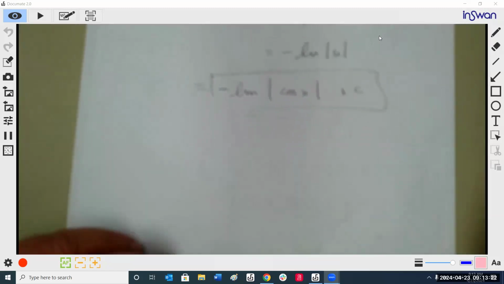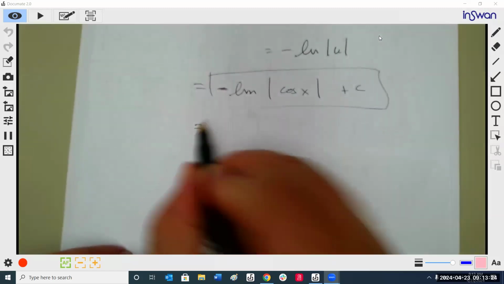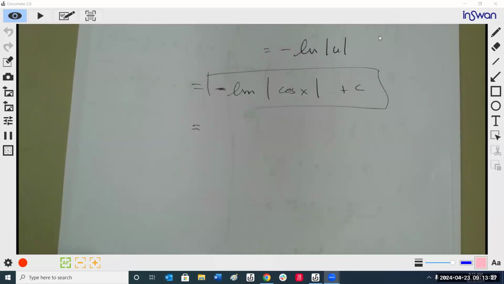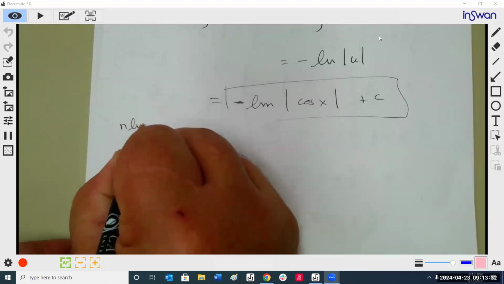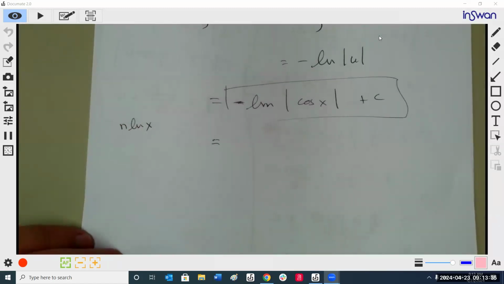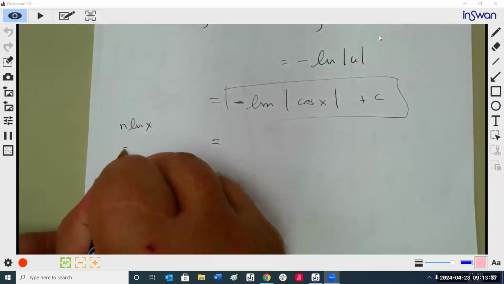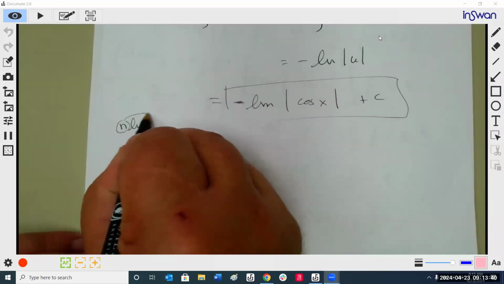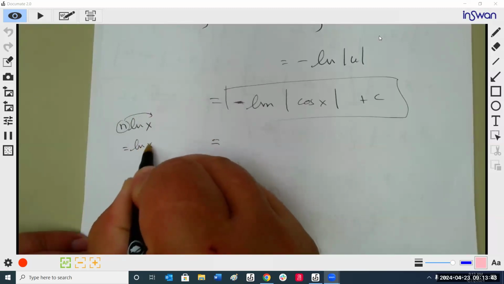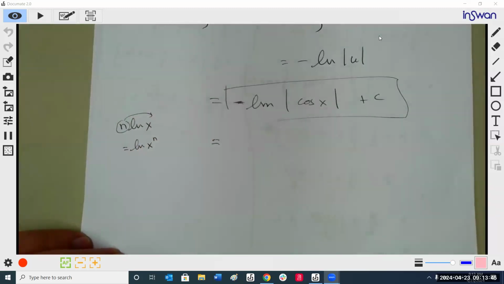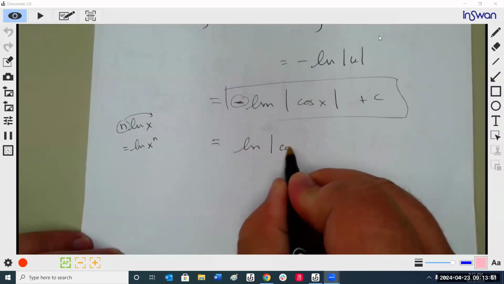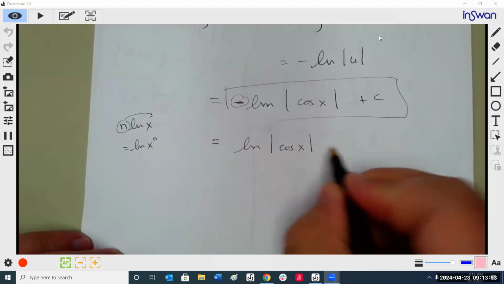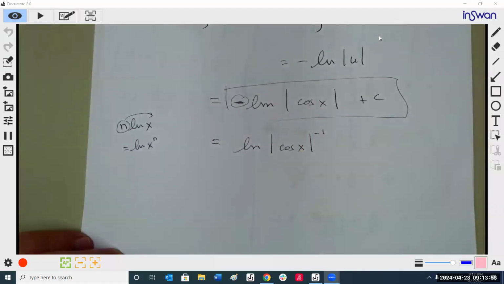Hold it. Okay. What does a negative in front of a logarithm mean? What do you do with it? What does this rule tell us? Whatever's in front of the ln can be written as the exponent. So what this gives us is ln of cosine x to the negative 1.